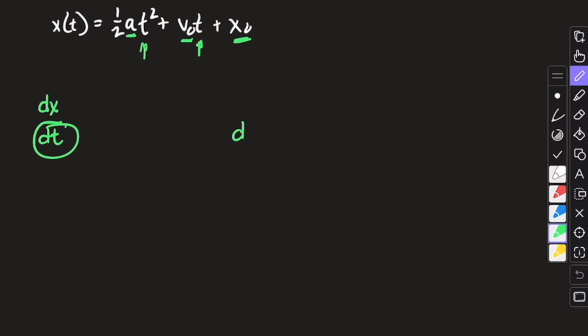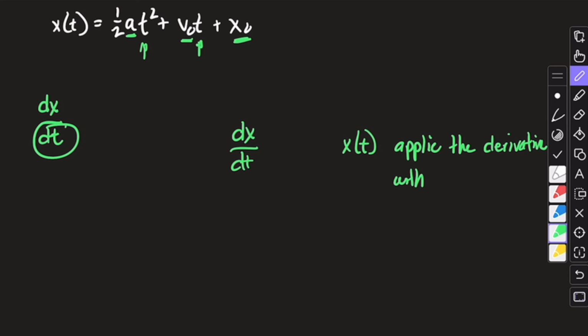This phrasing means to take a function with respect to t and apply the derivative. That's what this means. So when I say those things tomorrow, I'm saying you must go find a function that has x and t in it.